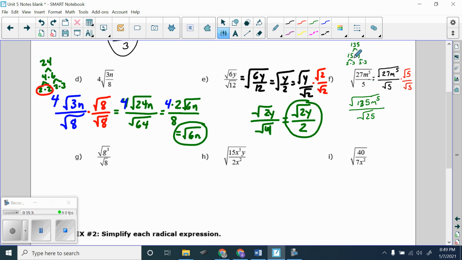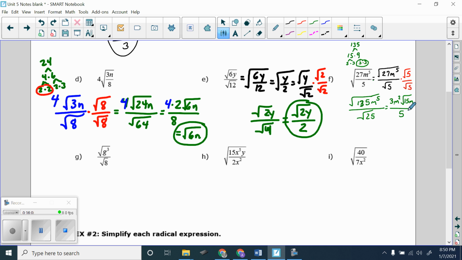So up top here, I did the simplification of 135. I have a pair of 3's, so the 3 comes out. The 5 times 3, the 15, stays under. But I also have some m's here. So this is 2 pairs of m's, so m to the 4th comes out as m squared, and you had an extra m left underneath. And then on the bottom, this becomes 5.